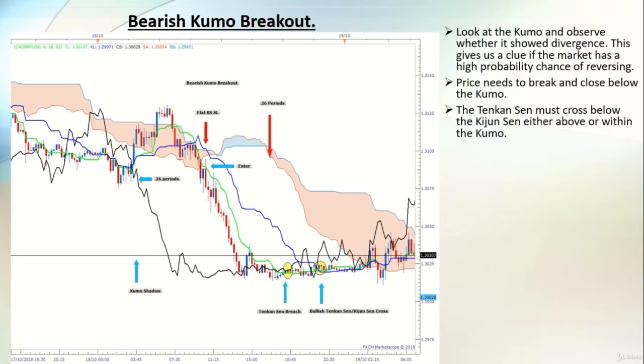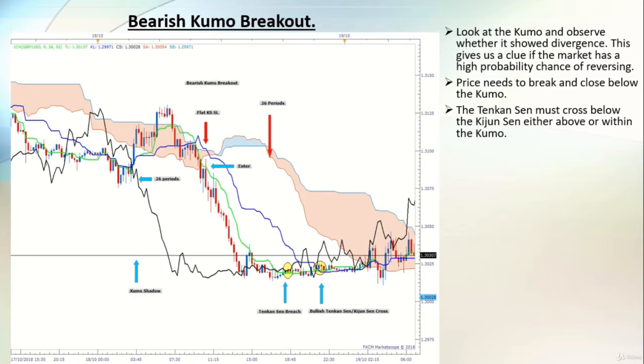Once price has broken below the Kumo, we have to look at the relationship between the Tengen and Kijun. Tengen in a bearish Kumo breakout must cross below the Kijun, either above or within the Kumo. Now, many Ichimoku practitioners say that a crossover above the Kumo in a bearish Kumo breakout is a weak signal.